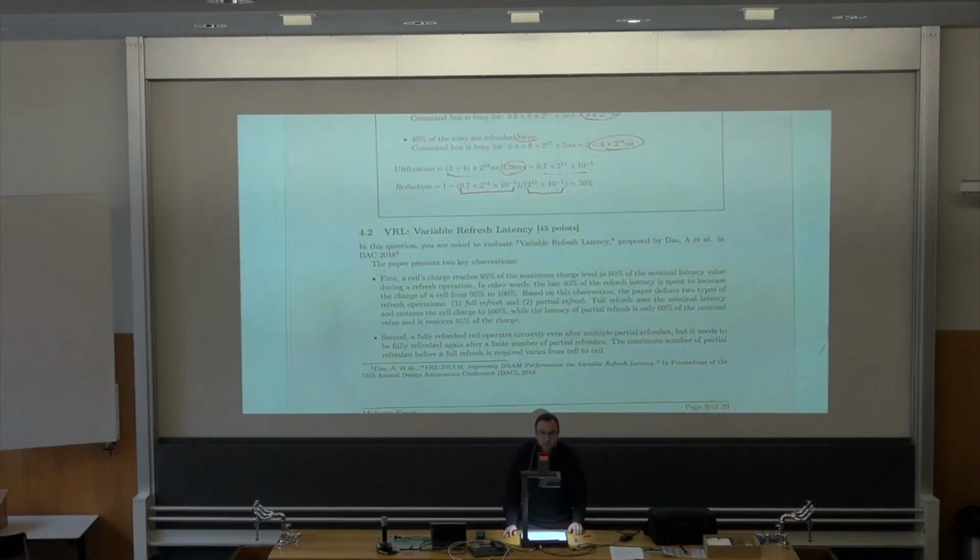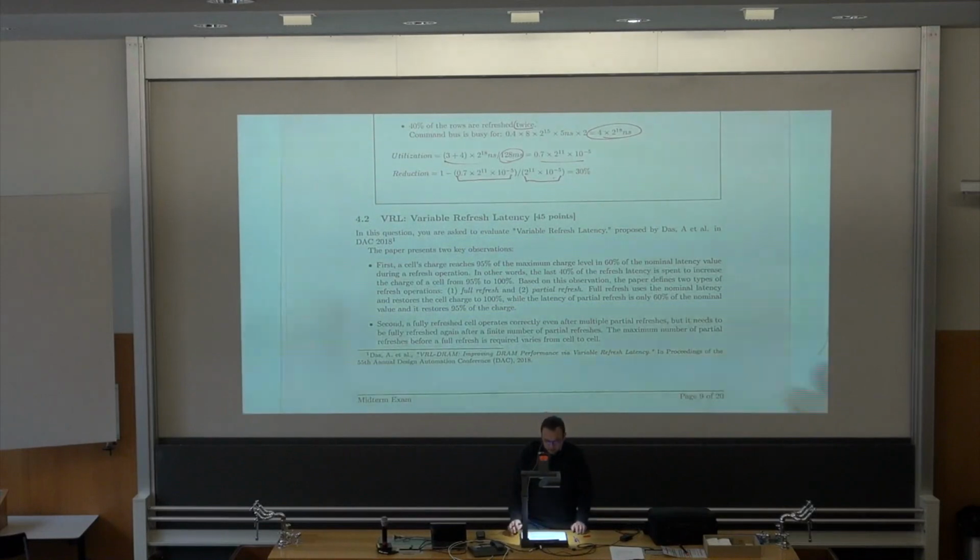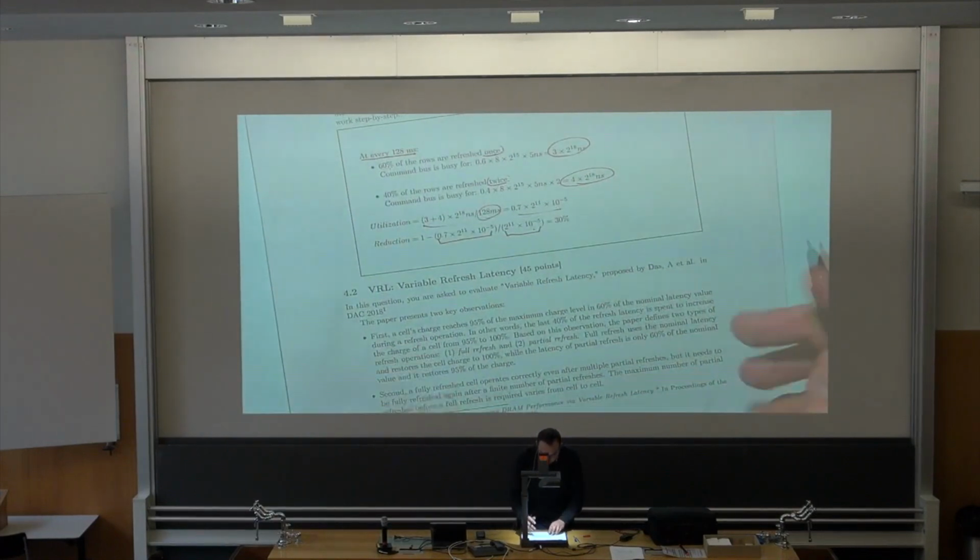So the second part of the question is a bit more interesting. This is based on a paper published in 2018 DAC. It's variable refresh latency. The main observation in this paper, as we described in the question, is you don't have to wait for the full refresh latency. So what is refresh latency?